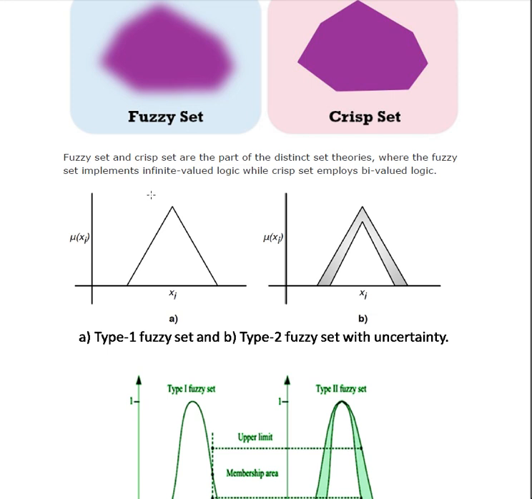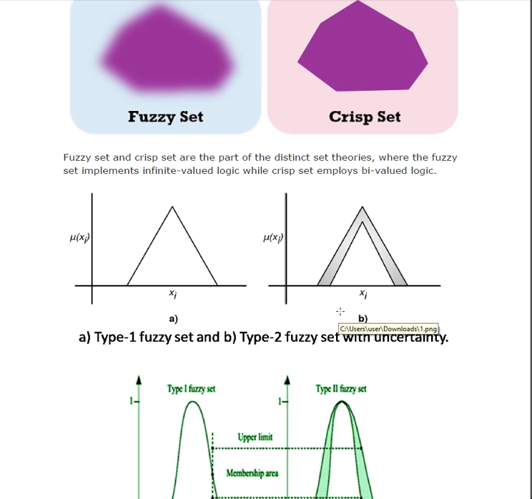Zadeh in 1975 already recognized that there is a problem in the type 1 fuzzy set. So it took nearly 10 years, and later he introduced a new fuzzy set which is put under the class of type 2, even a higher type.